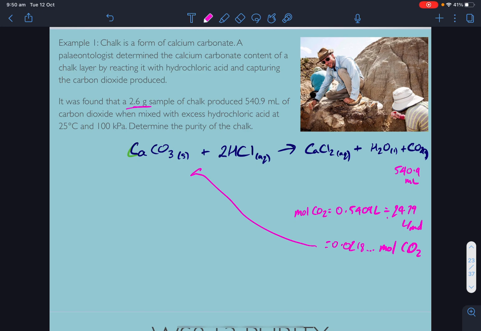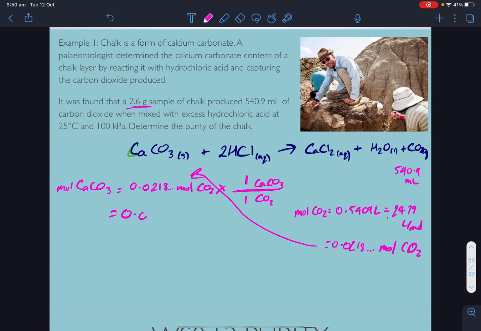So then our moles of calcium carbonate equals the 0.0218 mole of CO2 times the fraction of CO2 to calcium carbonate. What's in front of each? 1 to 1.